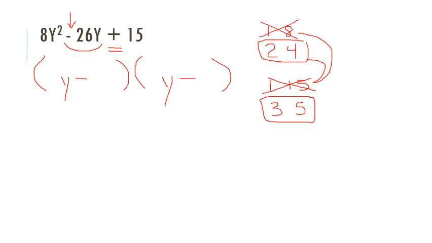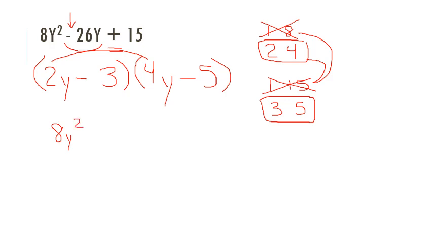So I'm just going to start by putting my 2 and 4 for my factors of 8, and my 3 and 5 for my factors of 15, and see if it works. Well, my first terms are going to be 2y times 4y, which is 8y squared. That's perfect.